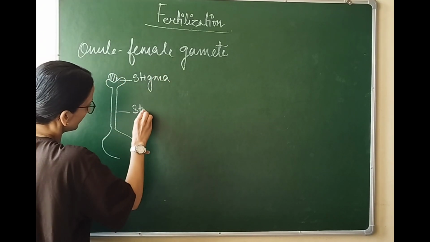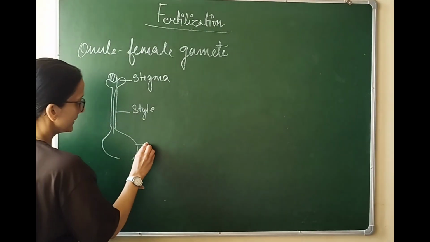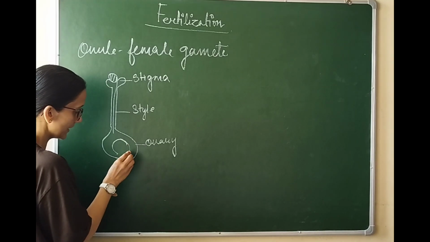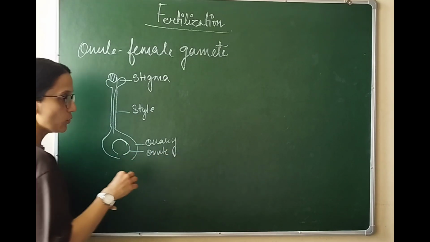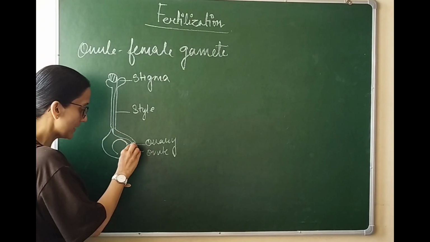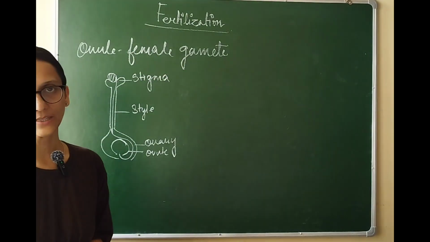Then it is style through which the pollen tube will go, and here is the ovary, and inside the ovary there is ovule. There can be one ovule, there can be many ovules. Now this pollen tube has to basically reach the ovule. Why? Because inside the ovule the female gamete is present.